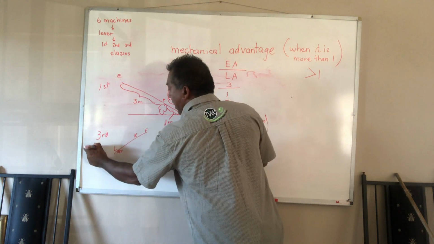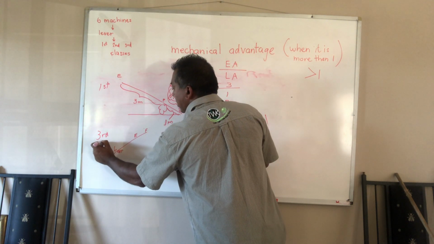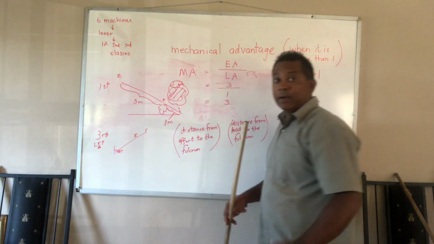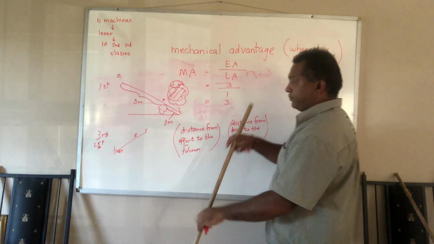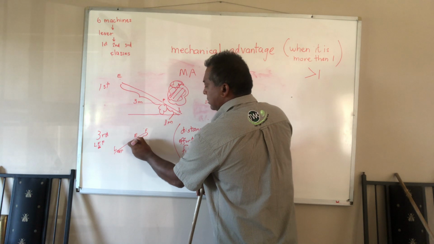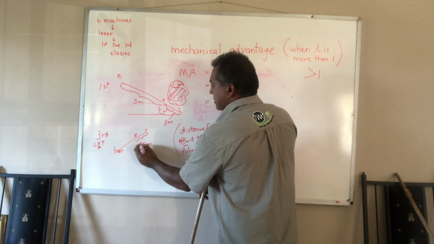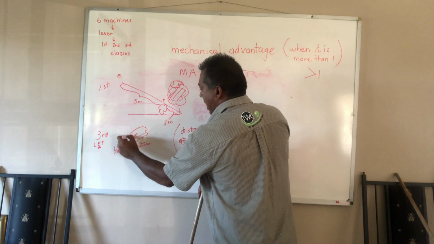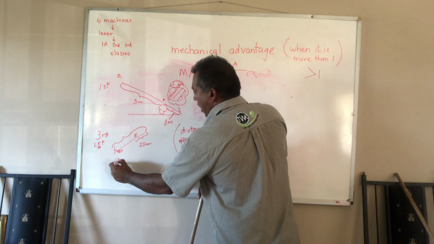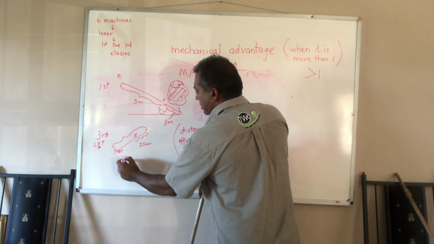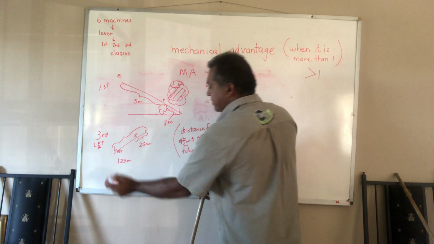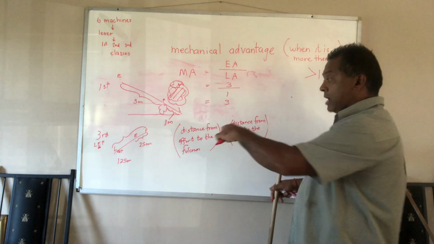Third class is L, E, F. Look at that, what's in the middle. Remember that. So, look at that distance. Let's say that distance is 25 centimeters. And then look, that distance is 125 centimeters. So how do we calculate it?